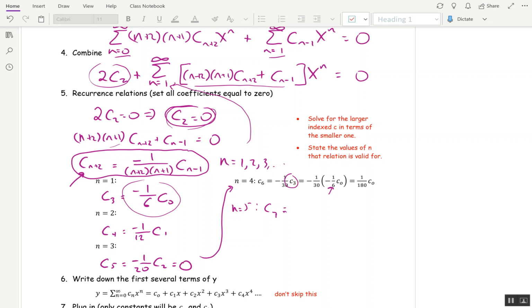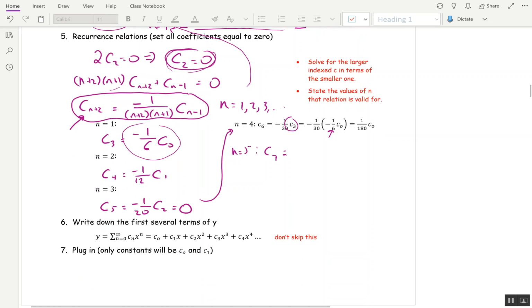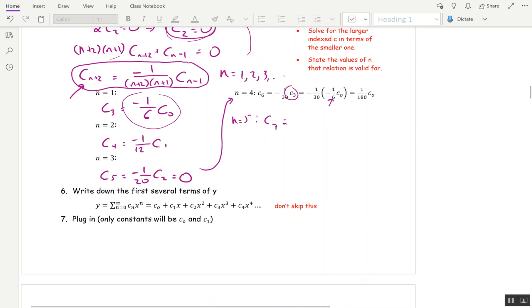Okay, now what do you do with these C's? Well, it's important not to skip step 6, which everyone skips because it seems unimportant, but it really is very helpful. This was all predicated on the fact that our solution looks like this. y is C0 plus C1x plus C2x squared, blah, blah, blah. So I'm going to plug in to this equation all the C's and write everything in terms of C0 and C1.